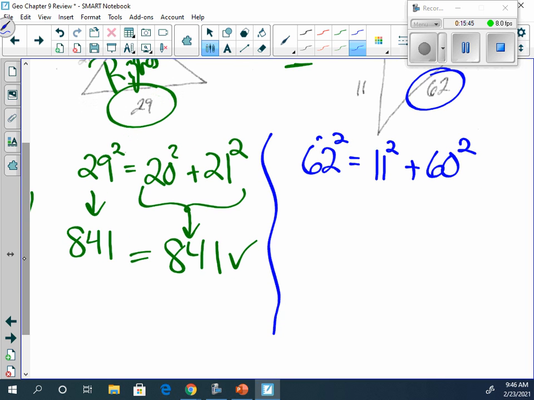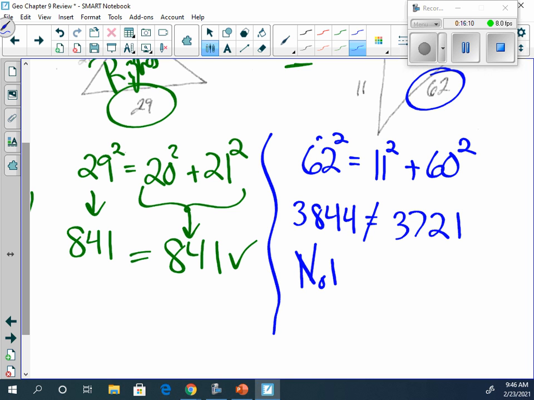So we can plug these into the calculator. 62 squared is 3,844. And we want to see, does this equal 11 squared plus 60 squared? Well, 11 squared plus 60 squared is 3,721. Okay, those two are not equal, so that means this is not a right triangle.